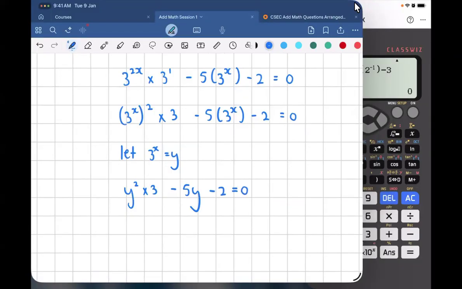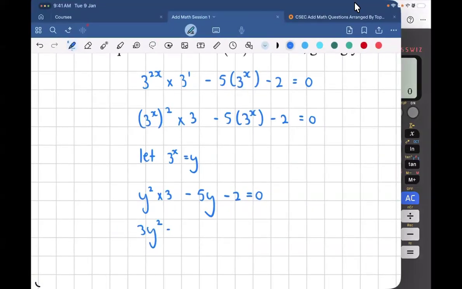So let me just check where you got to so far. Yeah, you have that. So did everybody end up at this stage? Tell me, did everybody end up at this point? So 3y squared minus 5y minus 2. All right, just indicate on WhatsApp or unmute.